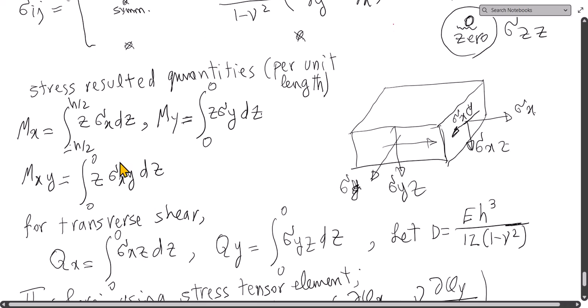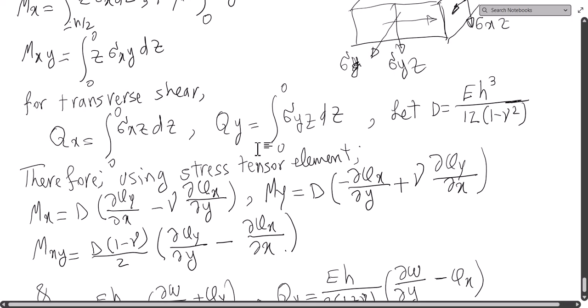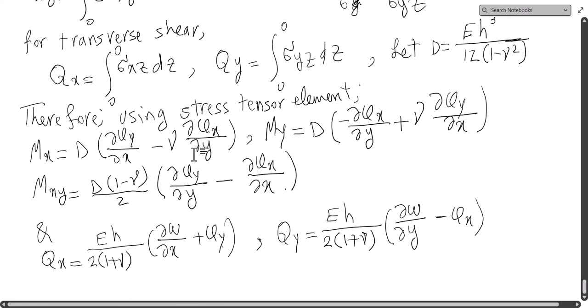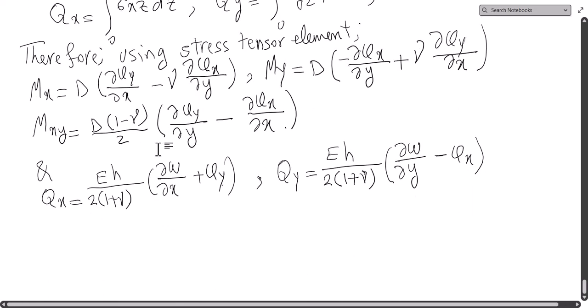So for example, here this comes out of the integral, and you have a simple integration to do. There are a few of them that you have to do, and if you do that, you get these equations. So for Mx, this would be my relationship based on phi y, phi x and w, for the qx and qy.